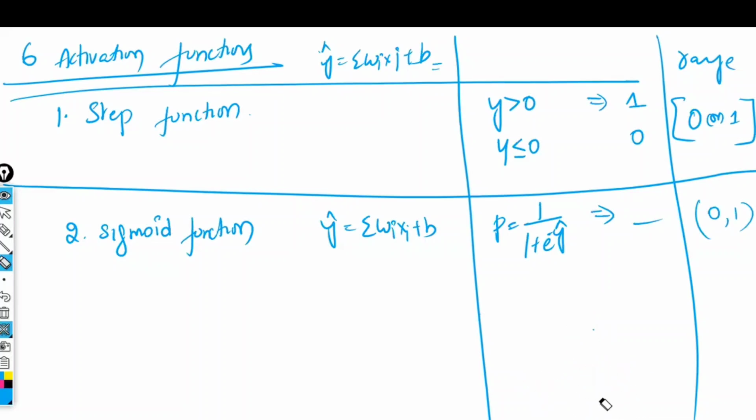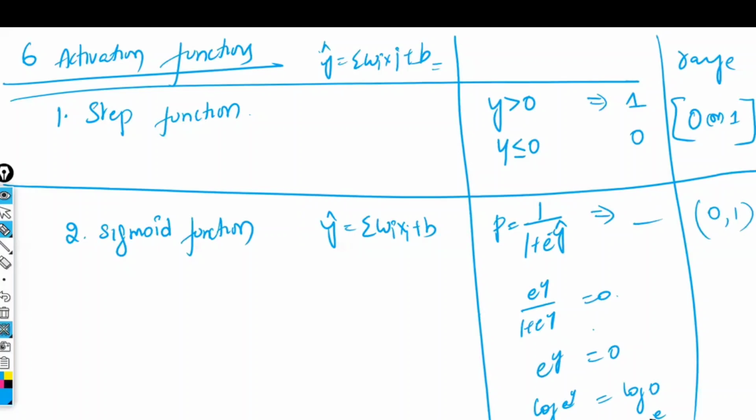At the same time, coming to 0: e to the power of 5 divided by 1 plus e to the power of 5 is equal to 0 means e to the power of 5 should be 0. Taking log to base e, y is equal to log 0 to base e, and log 0 is infinite.